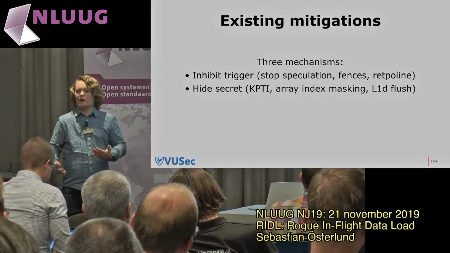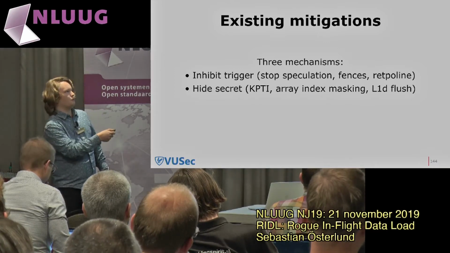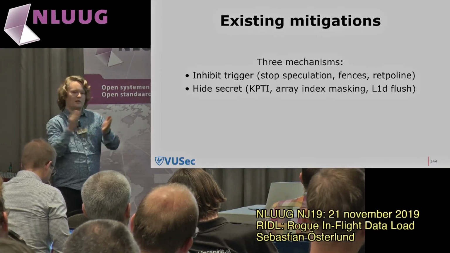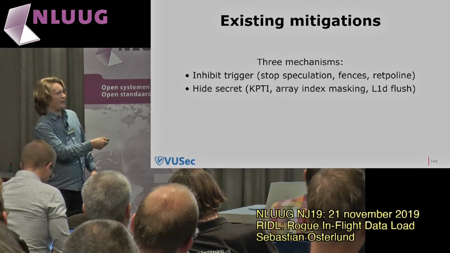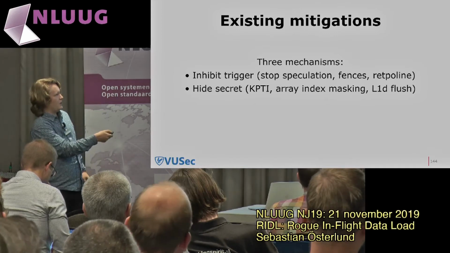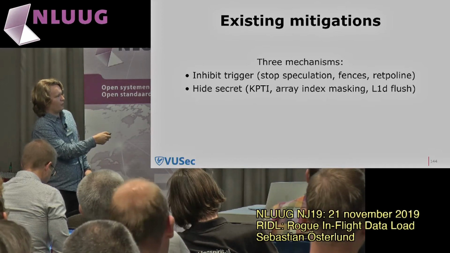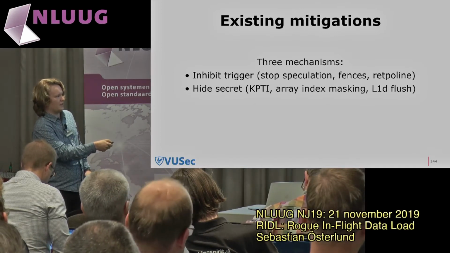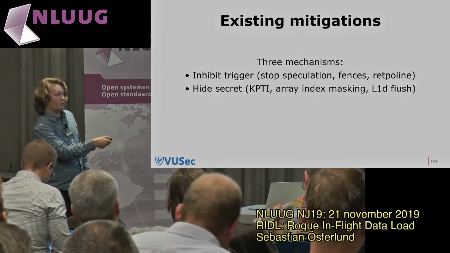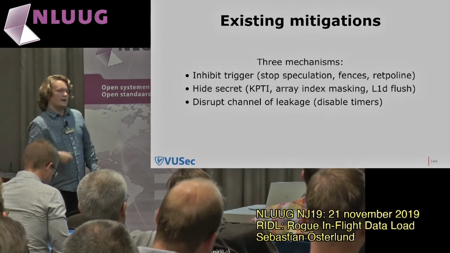The other one is to simply hide secrets. We consider KPTI to fall under this: you split up the address space. You can do something like array index masking or flushing the caches. So this works for Meltdown, for some of the Spectre variants, and for the Foreshadow attack.